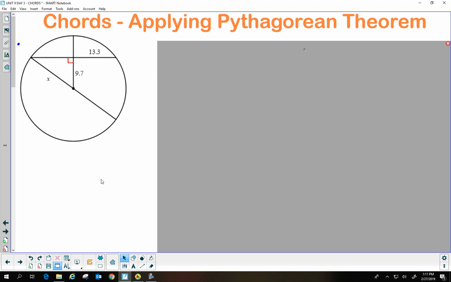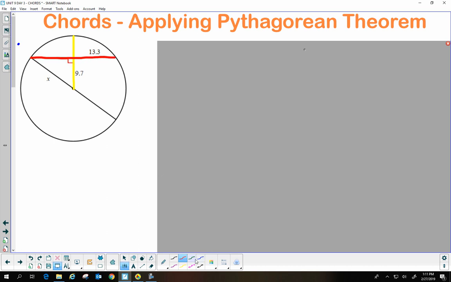So in this picture, I have a radius, I also have a diameter, but the radius right now is what I want to look at, and it intersects this chord and makes a 90-degree angle.